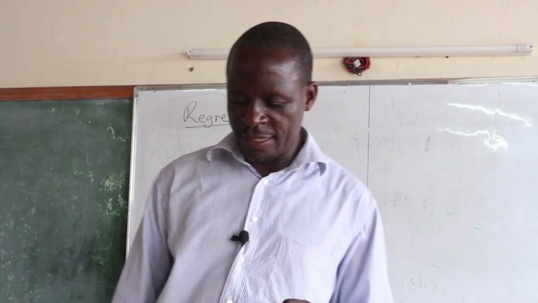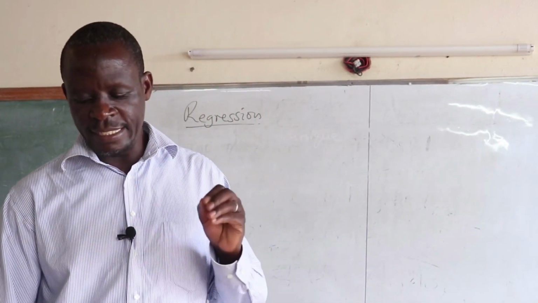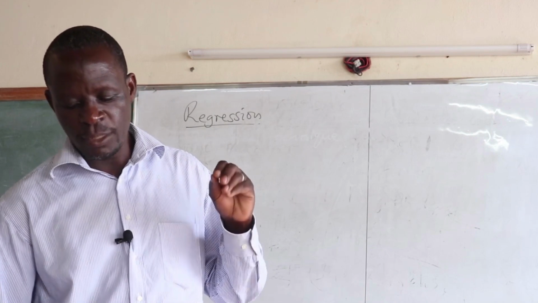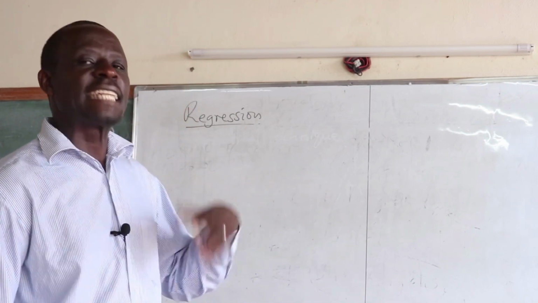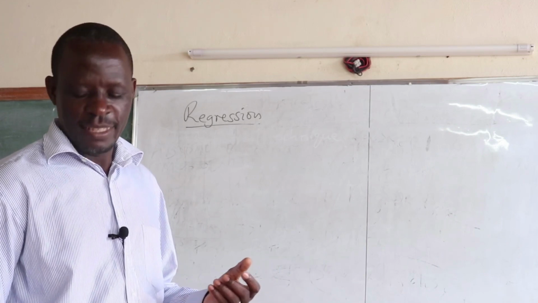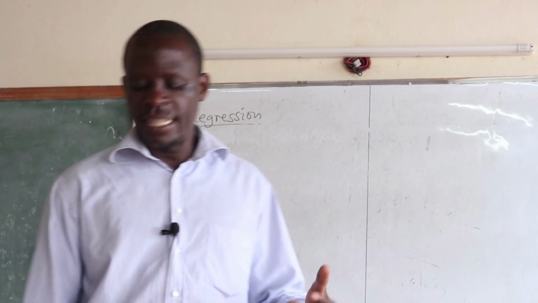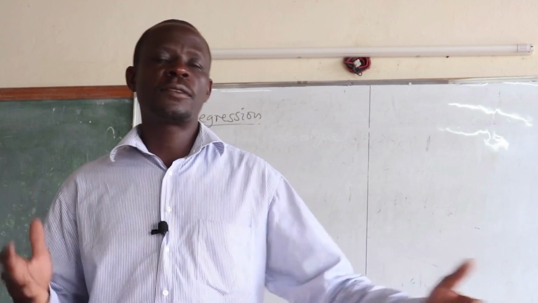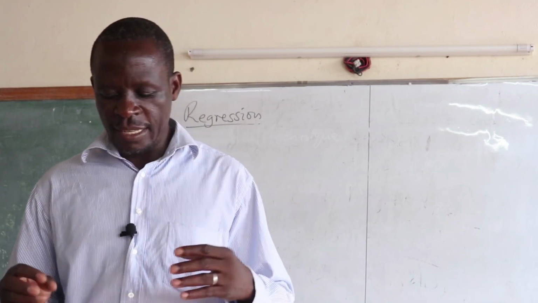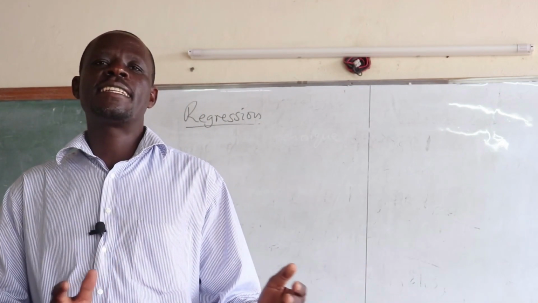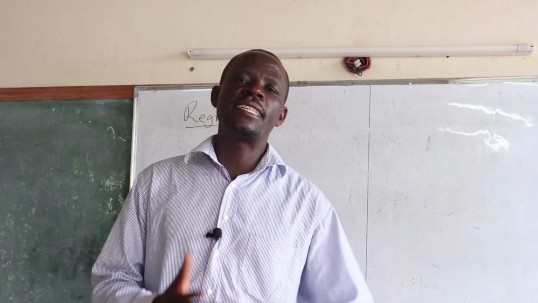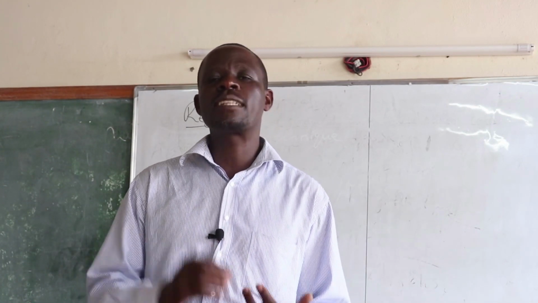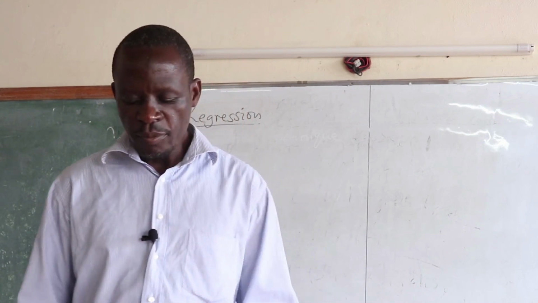Regression is a statistical procedure that determines a relationship between one set of variables or measurements and another. The type of analysis covered in this lesson looks at how we can fit a line to analyze this relationship by using what we call the regression line as well as the regression equation.